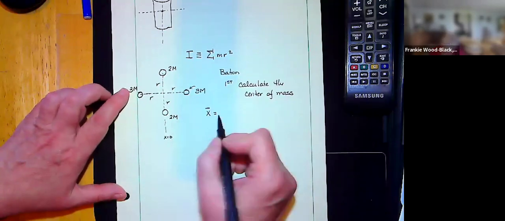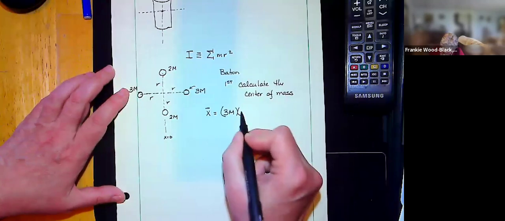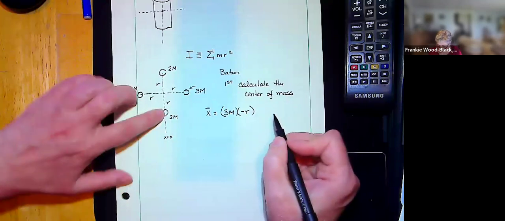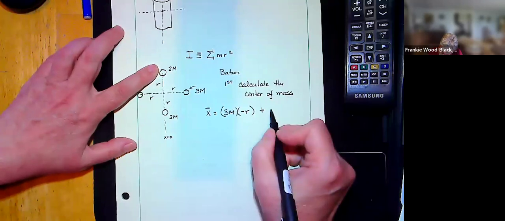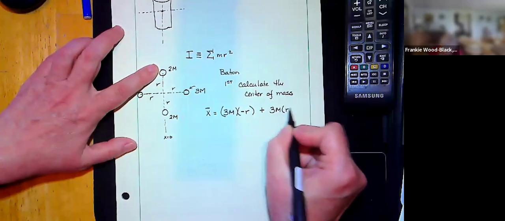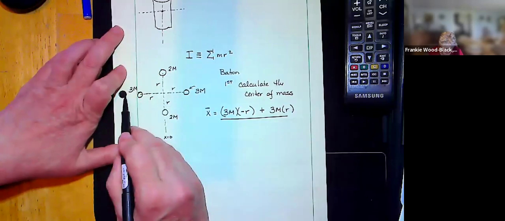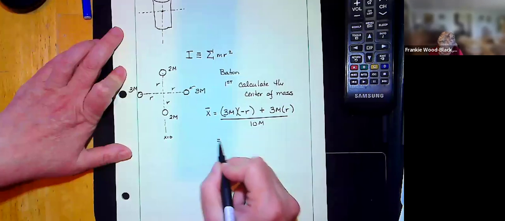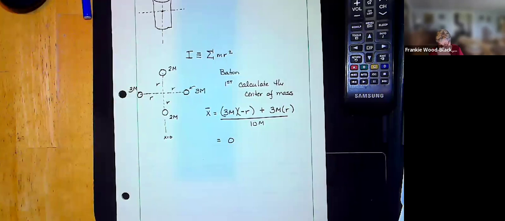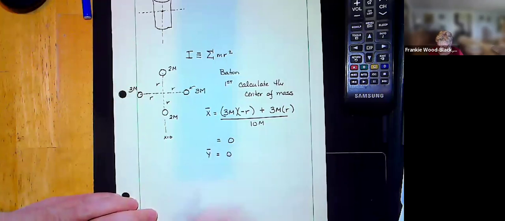This x position is going to be 3m, and it's at minus r. These two are at 0, so they will not contribute. I'm going to get 3m at r, and the total mass is 2 plus 2 is 4, and 3 and 3 are 6, so this is 10m. My center of mass is 0 for the x, which is what we would expect. We can do this for the y one, and we can get 0 as well.